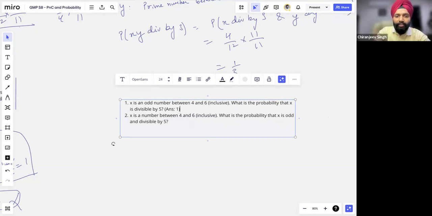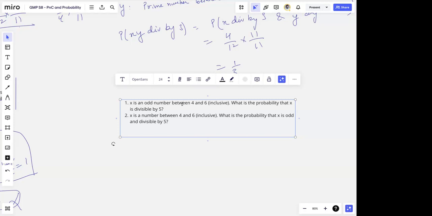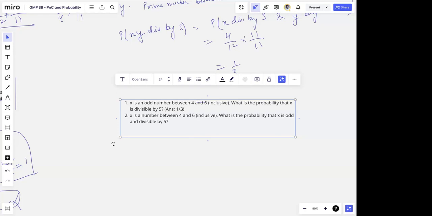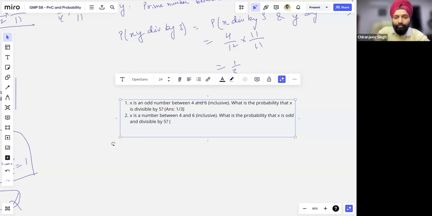It is inclusive in both. No, no, first tell me the answer to the first. X is... It's 1 by 3. This is 1 by 3. Is that what you're saying? Yes, it's odd and divisible. Second one is 1. Answer is different.